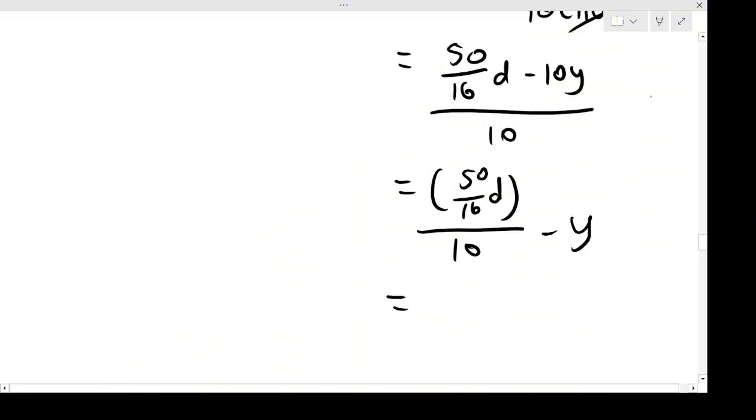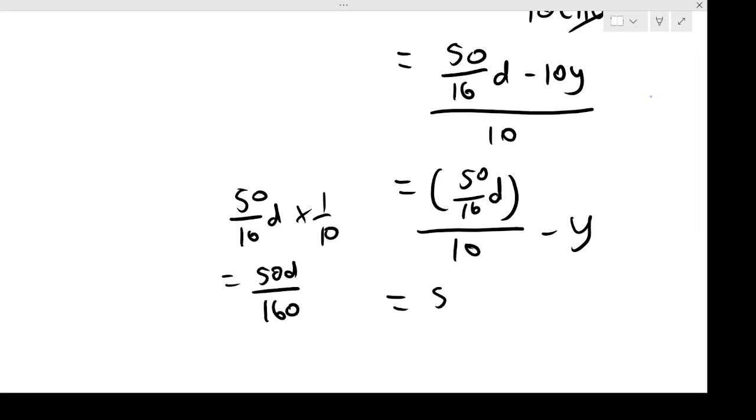And so if we simplify this fraction here, again you can do keep flip change if you want. You could say 50 over 16d divided by 10, but that's the same as multiplying by 1 over 10, so that should be 50d over 160. So this is 50d over 160 take away y. Okay, hopefully happy with that.